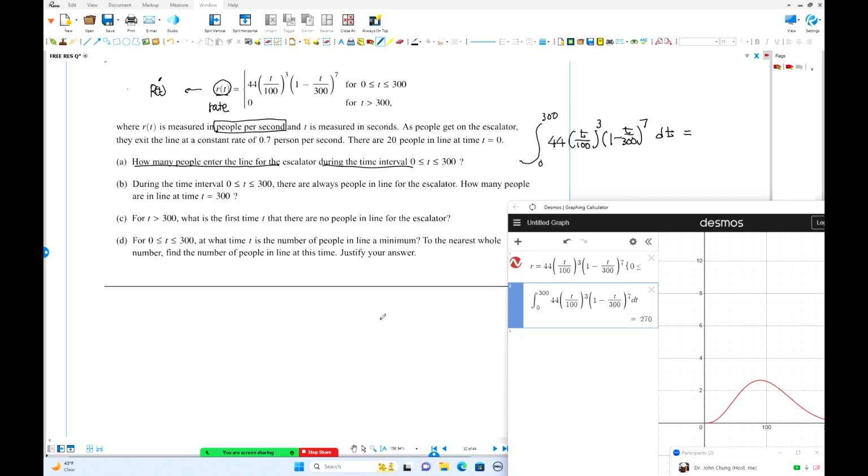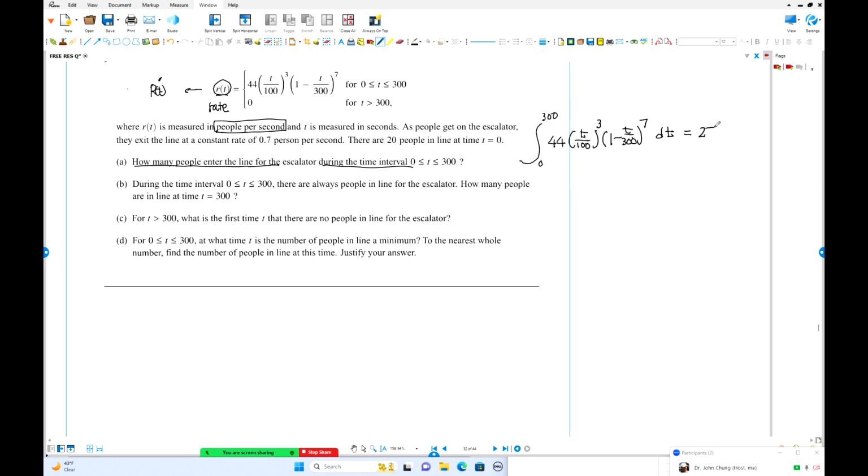Are you okay with this? So this one is 270 people, not per second, the total number of people.